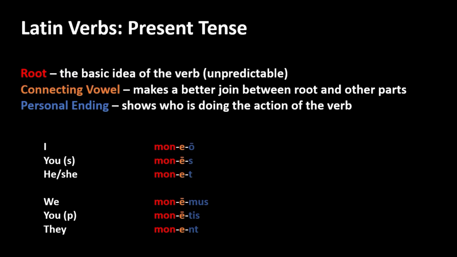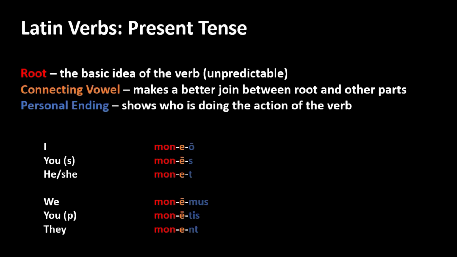For example, if you look at monemus, we are warning or advising, it is possible from this to predict they are advising, monent, because the only thing that changes with this kind of regular verb is that blue personal ending. So long as you know those blue personal endings, you are, within reason, able to predict any other part of the verb. And for this reason, we class it as a regular verb.